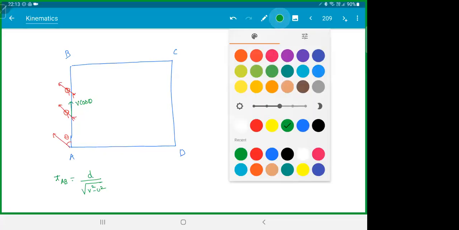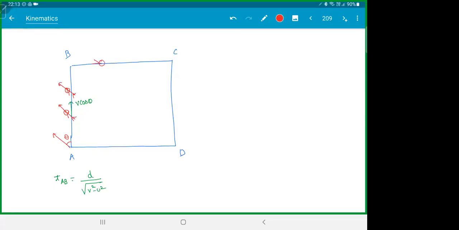Once you go from B to C, the man is swimming like this, and the speed will be V plus U. So time taken to go from B to C is D by V plus U. Going from C to D, remember in all this the river is flowing this way horizontally. Here the man is swimming at an angle theta, looking like this, but going in a line like this.